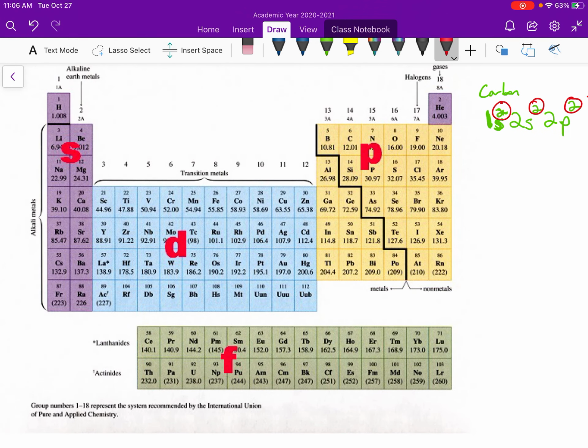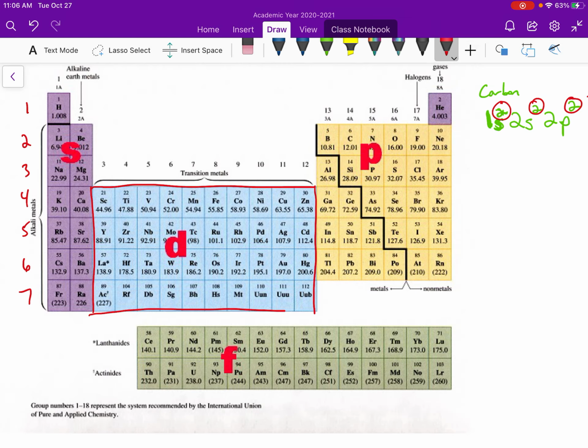Because if we label these as row 1, row 2, 3, 4, 5, 6, and 7, what we find is that the D block is actually off by 1. But we put it here because of the atomic numbers of the elements, right?